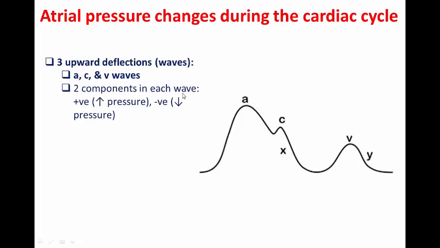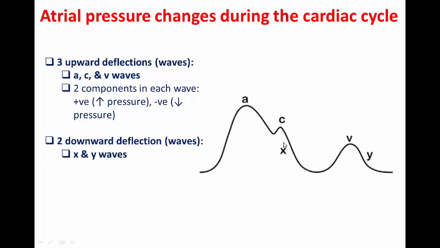We have 3 upward waves or 3 upward deflections, A, C, and V. And we have two components in each of these upward waves or upward deflection. Positive component indicating an increase in the pressure, and a negative component indicating a decrease in the pressure.